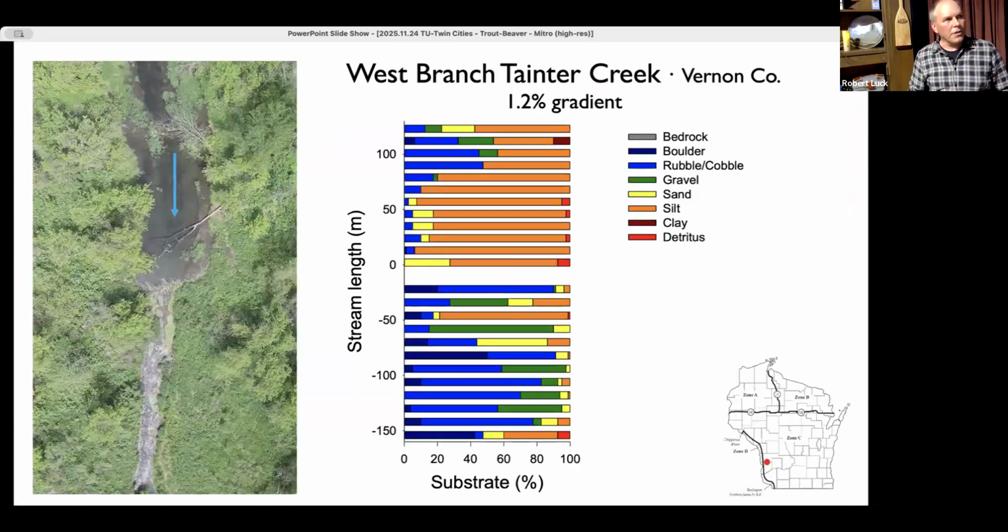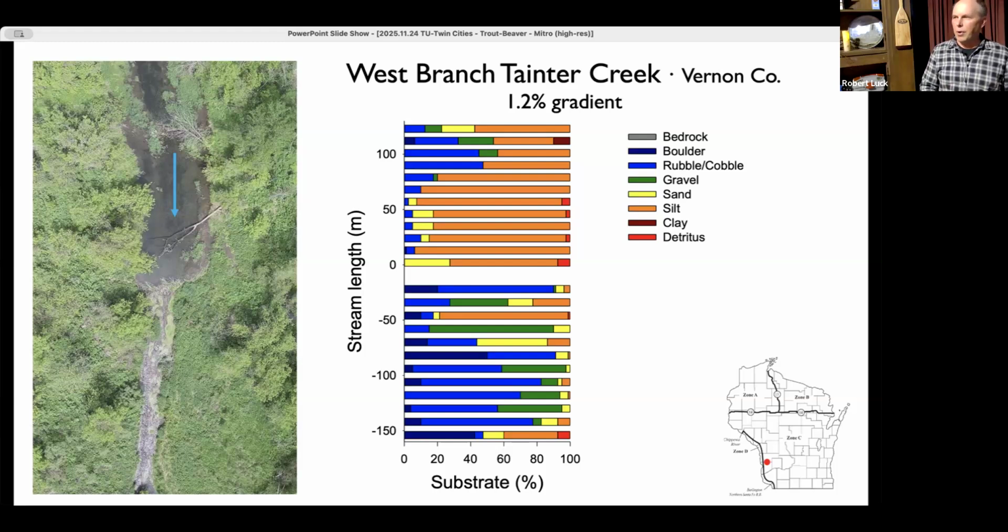This is a way we do measure that substrate composition in streams, and this is a way of visually representing that. So when we do a habitat survey, we'll go into a stream and do, according to our standard protocol, 12 transects equally spaced walking up the stream, and then at 4 equidistant points across that transect, measuring that composition of the substrate.